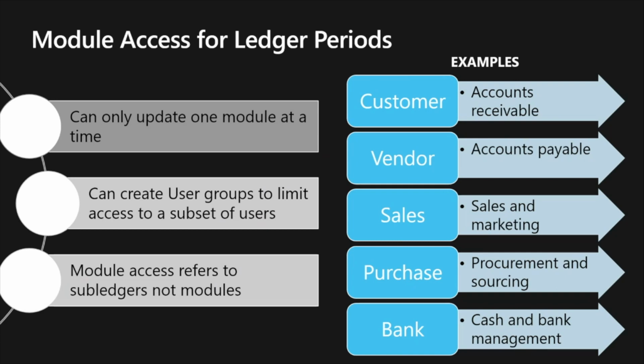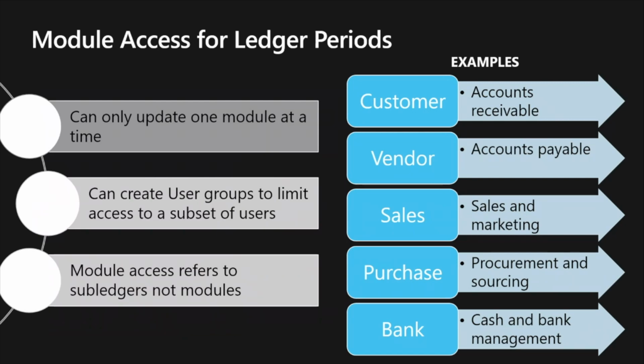It's important to note, though, that the modules that you see in the ledger calendar drop-down box when you're changing the module status don't match exactly to the left navigation modules of Dynamics 365. For example, accounts receivable and accounts payable are modules on the left navigation, but those relate to customer and vendor in the ledger calendar modules drop-down box.